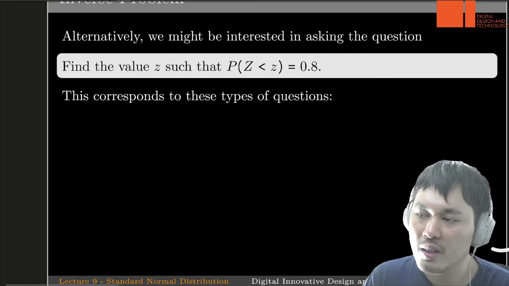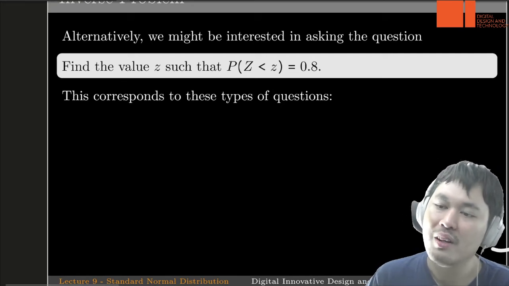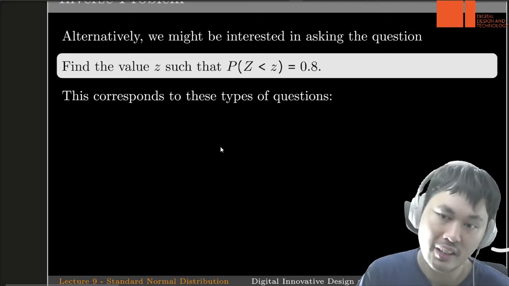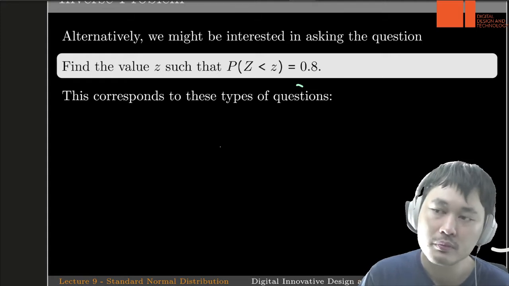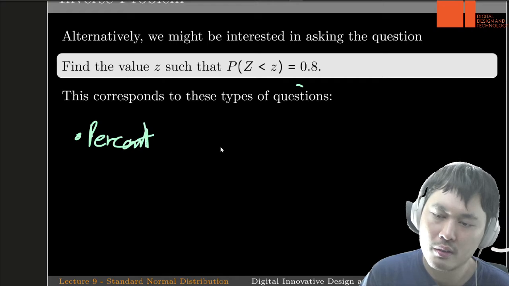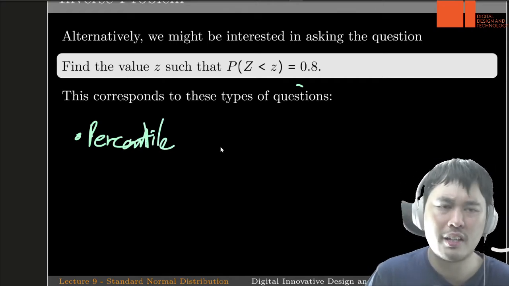And you might ask why we have to care about the area instead. Because this is actually the main application of this type of problem. This corresponds to all types of questions. The first, intuitive question is about asking for the percentile.